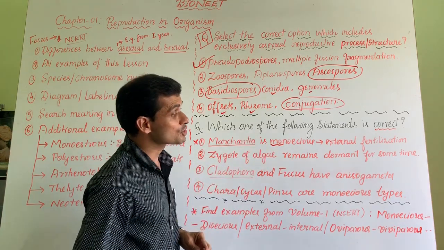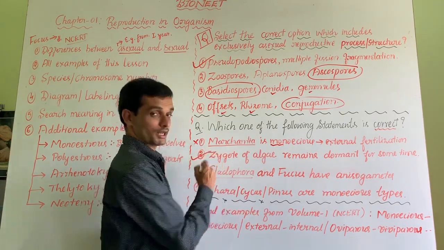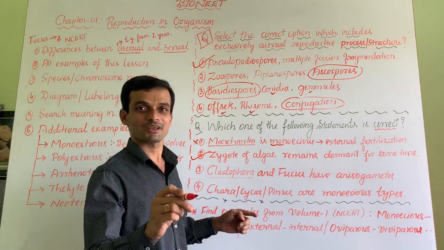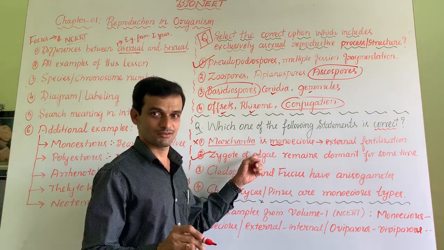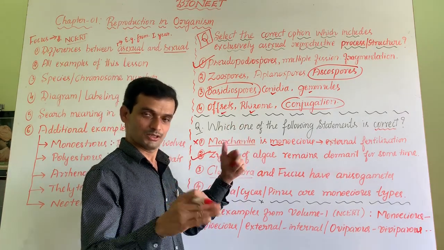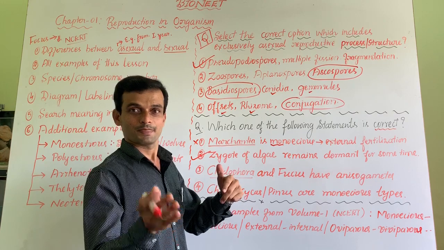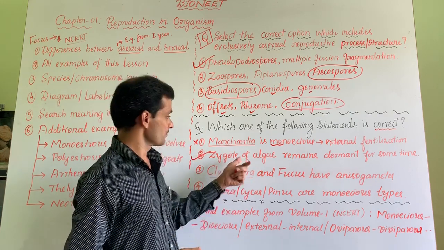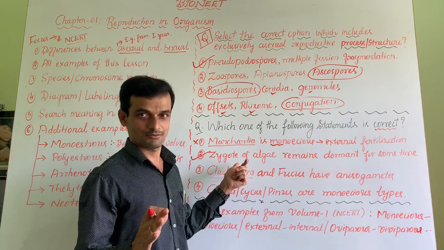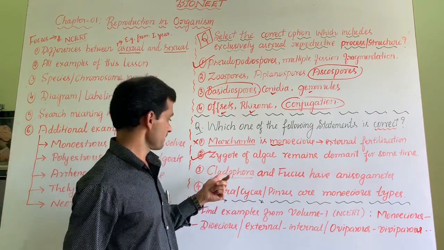Zygote of algae remains dormant for some time. It appears to be correct. That is the significance of sexual reproduction in algae and many species of fungi. Otherwise they are comfortable in the asexual process. They switch over to the sexual process in adverse climatic conditions. It means the zygote will remain dormant in harsh climatic conditions for several weeks to several days.